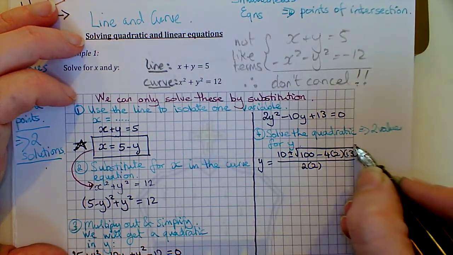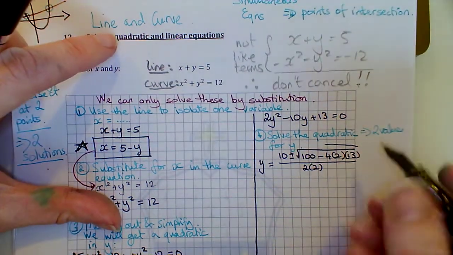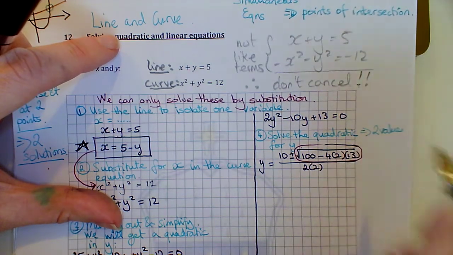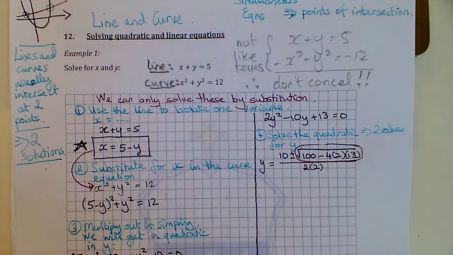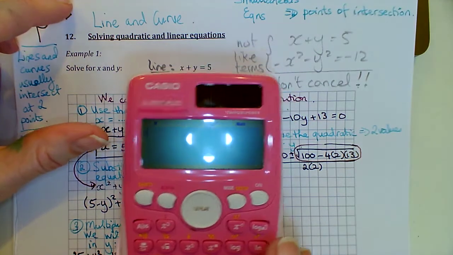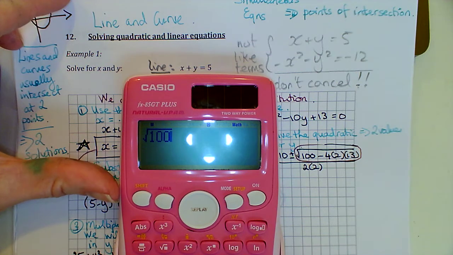So this in my calculator is going to be 4 by 13, 52. Does that not work out evenly? We've got the square root of 10 squared minus 4 by 2 by 13.